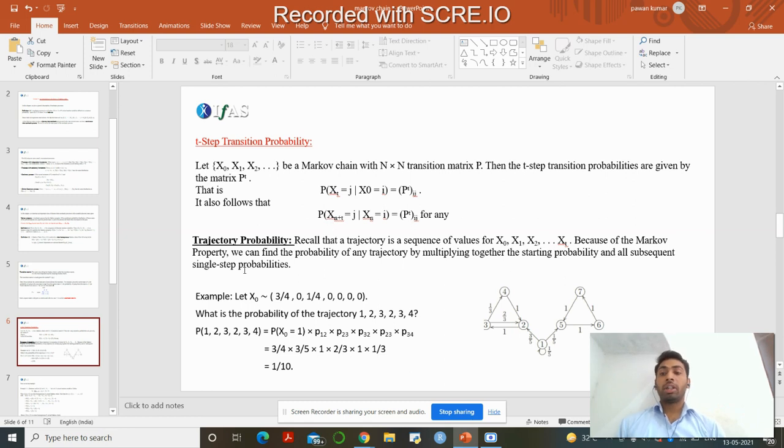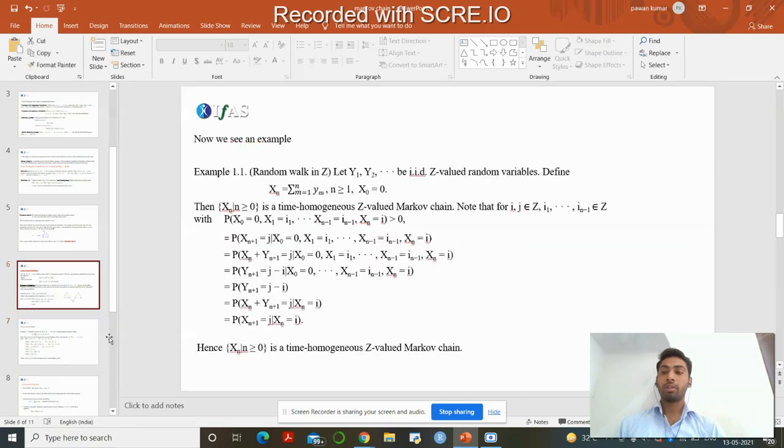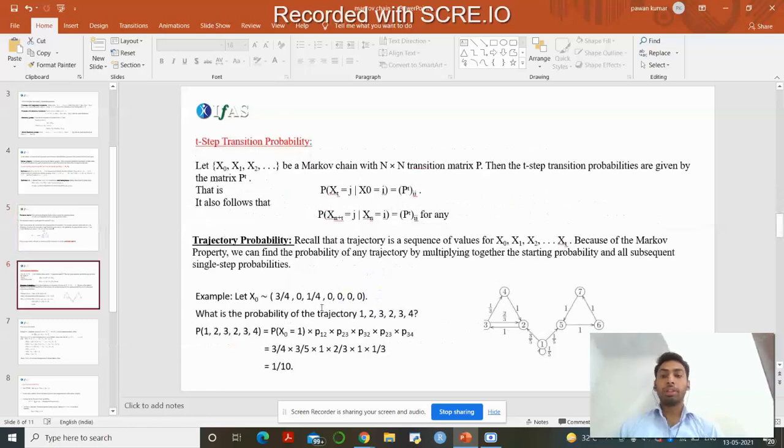Now we define the trajectory probability. Recall that a trajectory is a sequence of values X0 to Xt.